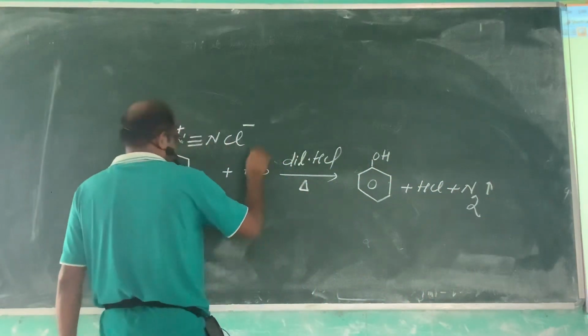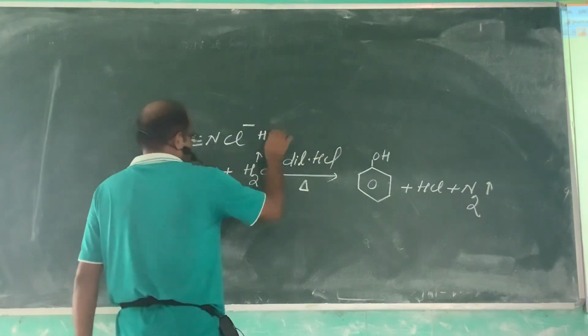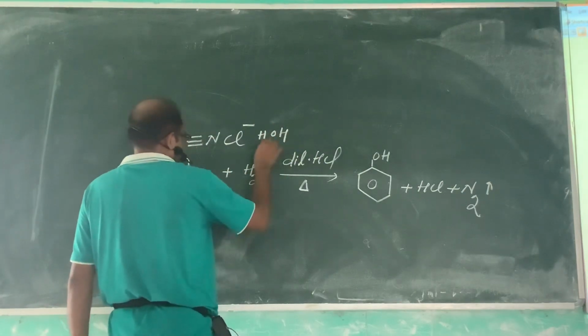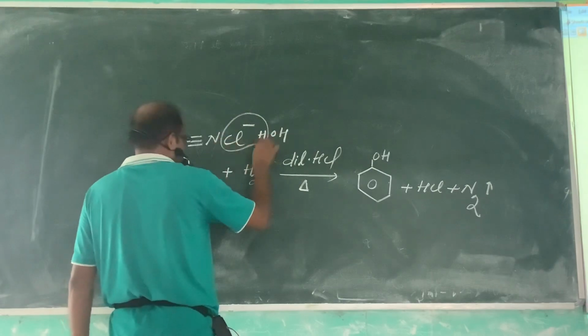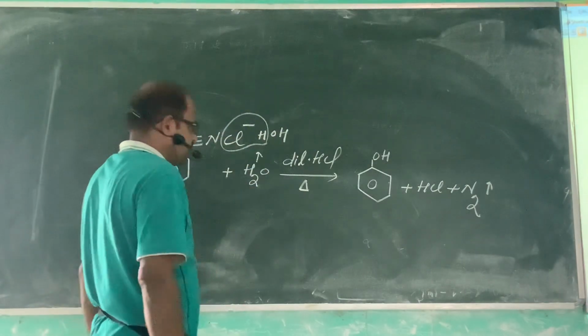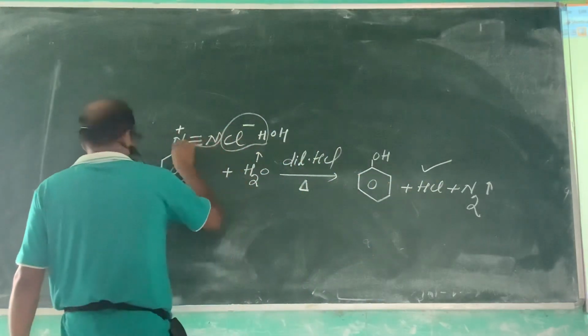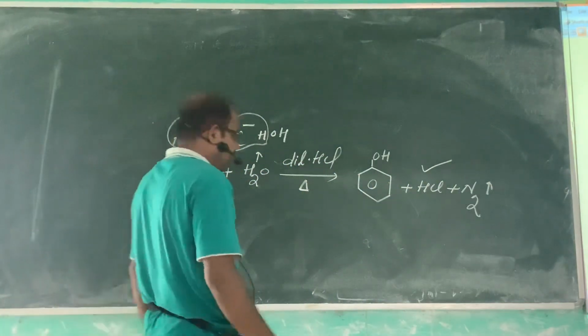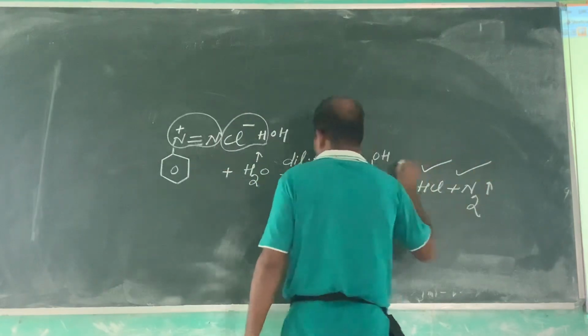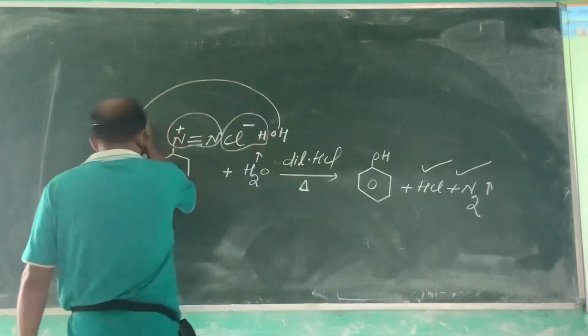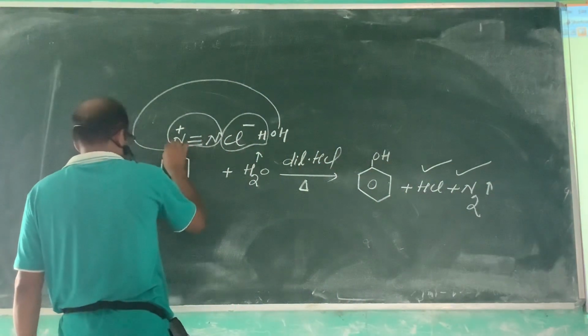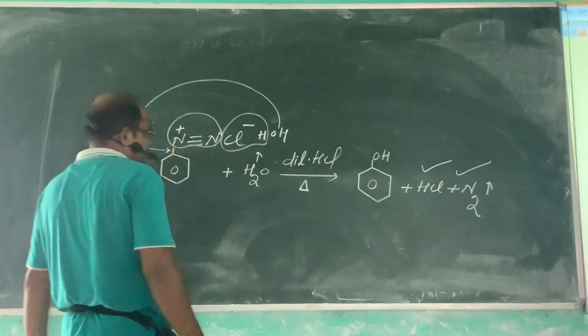H2O can be written as HOH. H plus combines with Cl minus to give HCl. N combines with N to give N2 gas. Then the OH group is attached to the rest of the benzene diazonium chloride, giving phenol.